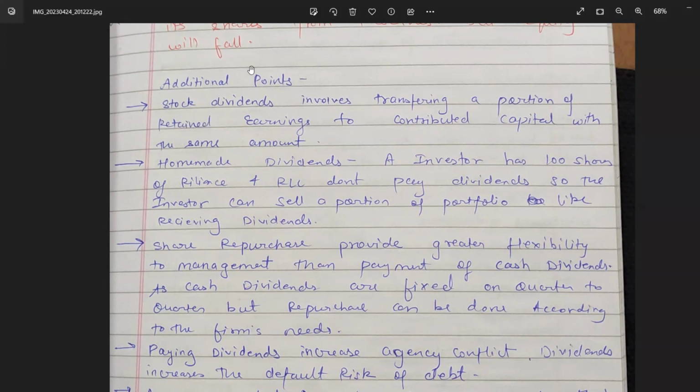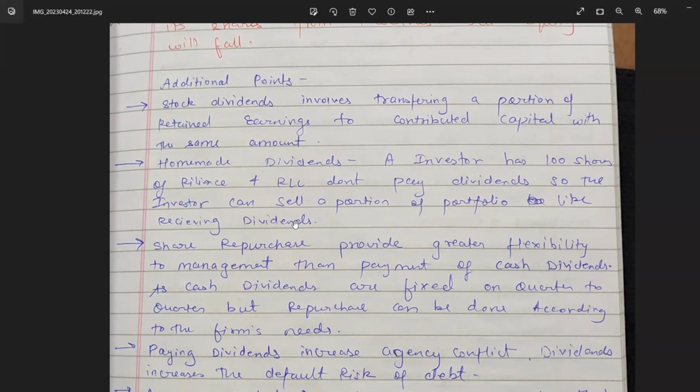So what is a homemade dividend? An investor has 100 shares of a company that doesn't pay dividends, so the investor can sell a portion of the portfolio. As we have studied in earlier LOSs, in a world with no taxation, nobody needs a dividend as a stable monthly income.